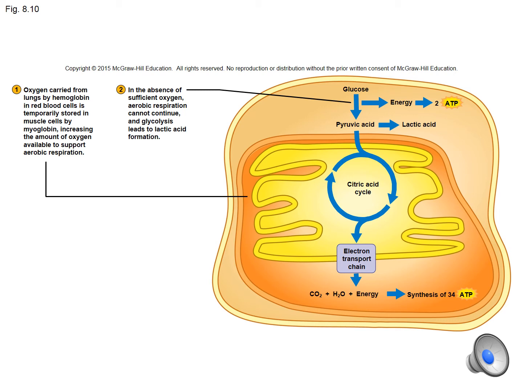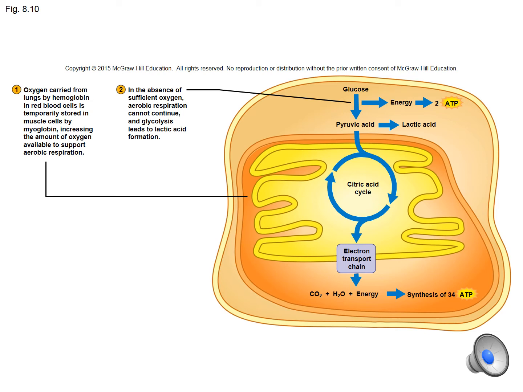As it says in this diagram, number 1 says oxygen carried from the lungs by hemoglobin in red blood cells is temporarily stored in muscle cells by myoglobin, increasing the amount of oxygen available to support aerobic respiration. Myoglobin is what holds oxygen in muscle cells, and it's actually what gives muscles their reddish color. So muscle appears red just like blood appears red because of these hemoglobin and myoglobin molecules.